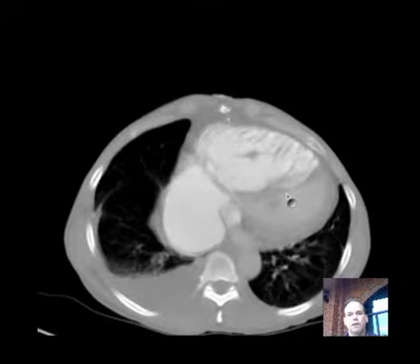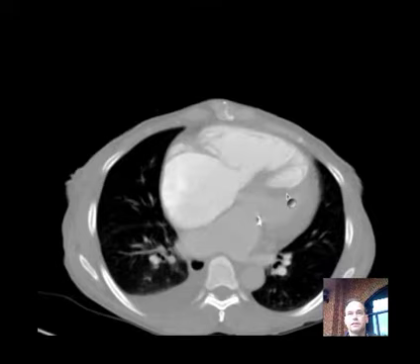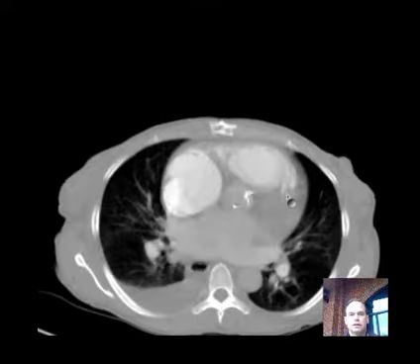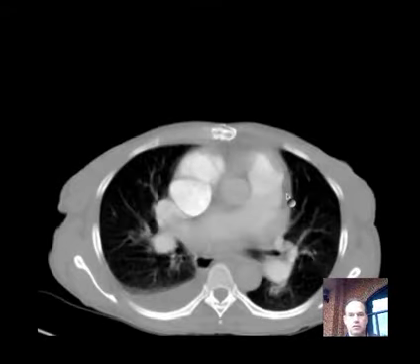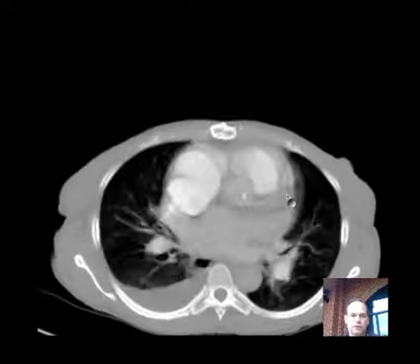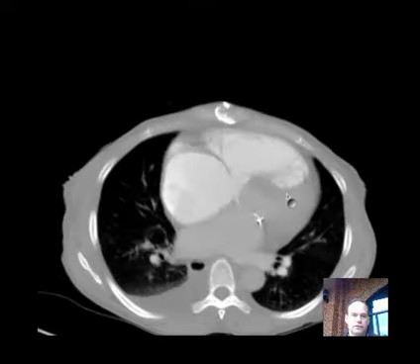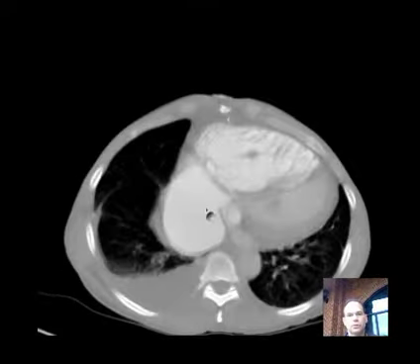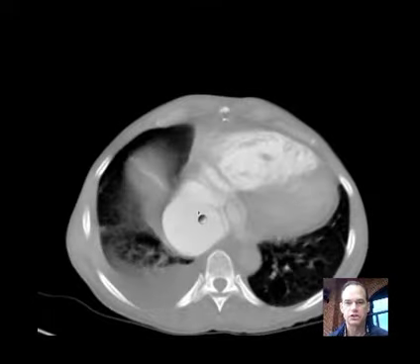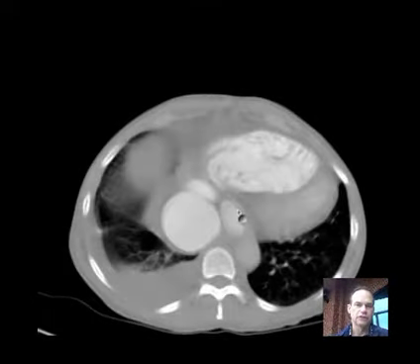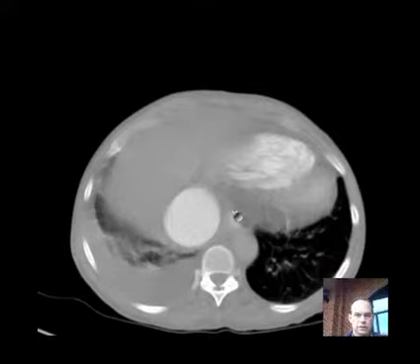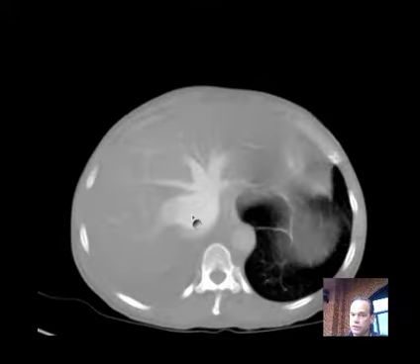You see that? Okay, and if you look down, here we're going up. If we look down more inferiorly, let's see what happens when we go out of the right atrium. We should be going into the inferior vena cava. Well, this is pretty large for an inferior vena cava.